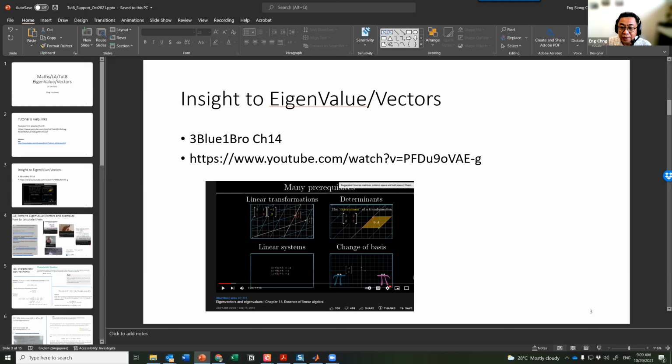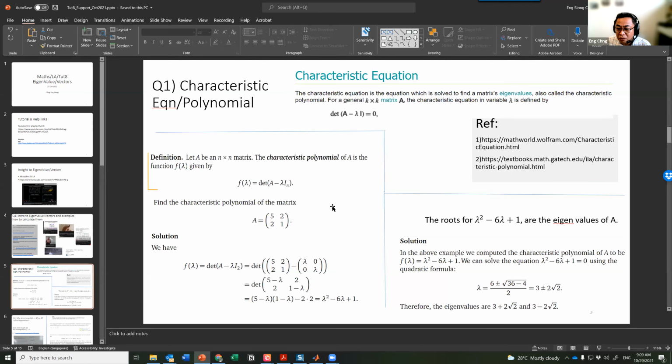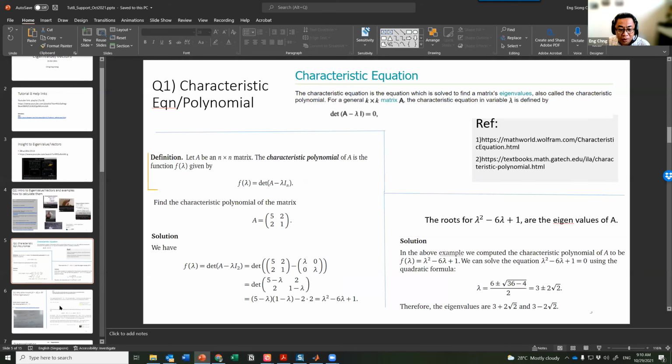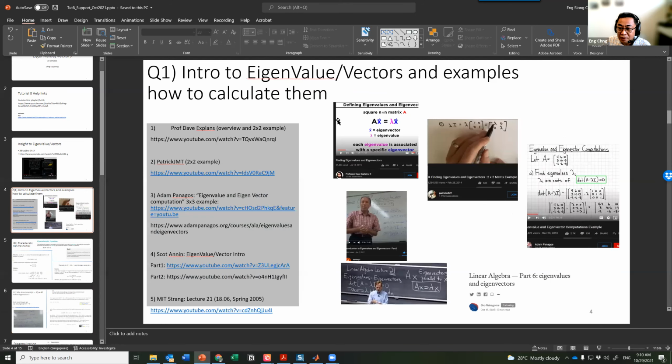These slides will give you all the details of how to calculate the eigenvalues and eigenvectors. You can go through any one of them that you're happy with. Next Monday, I will go through one of them in greater detail. You need to know how to calculate the 2 by 2 and 3 by 3 eigenvalues and eigenvectors. All these links are YouTube examples which I found relatively easy to follow, at least the mechanics of finding the eigenvalue and eigenvectors.